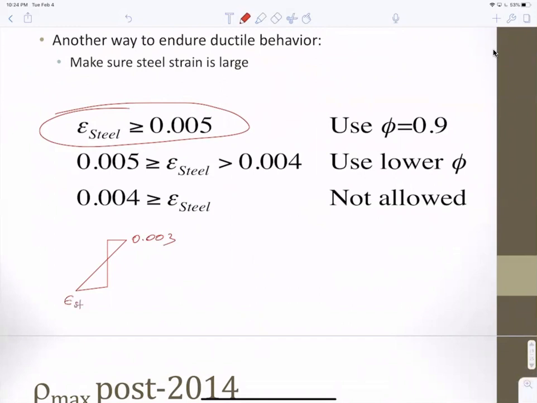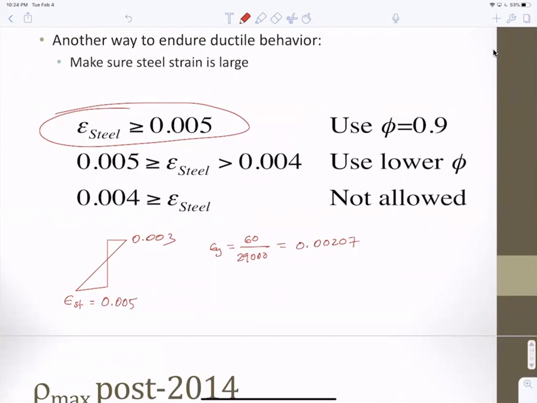Remember, we want it bigger than epsilon yield by quite a bit, because if it's bigger, that means it's yielded. Epsilon yield, let's say for 60 ksi, is 60 divided by 29,000, which comes out to 0.00207. So if the strain there is 0.005, it's significantly bigger than 0.00207.